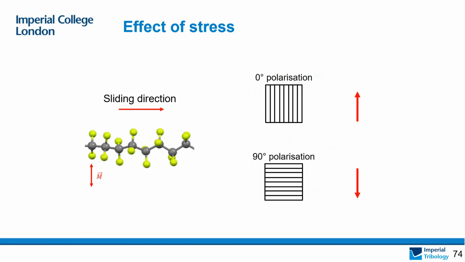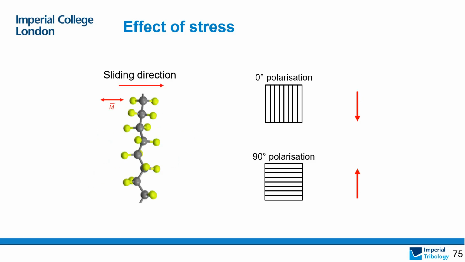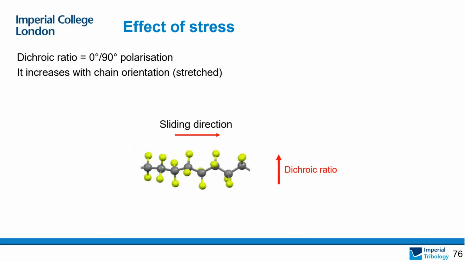So when the polymer chain is parallel to the sliding direction, a 0-degree polarization will get a high IR signal, and a 90-degree polarization will get a low IR signal, and vice versa when the polymer chain is perpendicular to the sliding direction. The dichroic ratio is the ratio of 0 to 90-degree polarization.